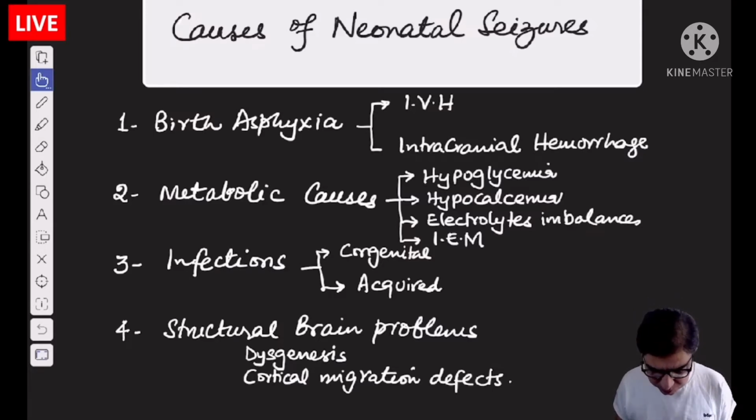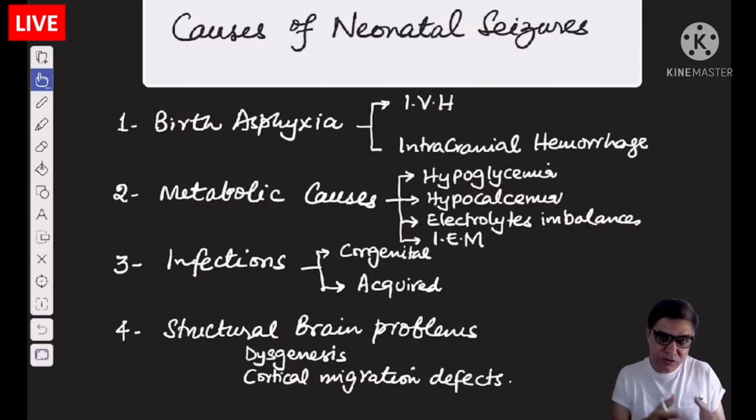In term infants, it can present with intracranial hemorrhage, which could be subdural hemorrhage, subarachnoid hemorrhage, or frank intracranial hemorrhage. That's usually more common in term as compared to preterm kids. But remember, around 40 to 50% of the neonatal seizures can be attributed to birth asphyxia.